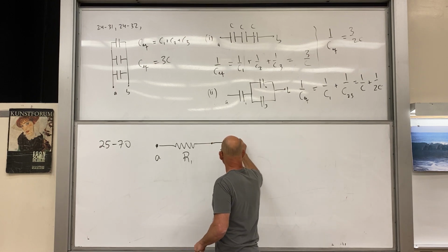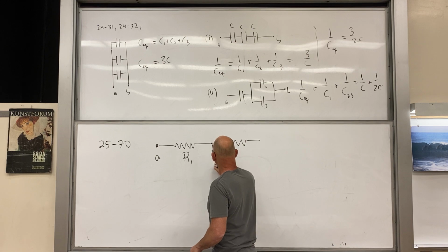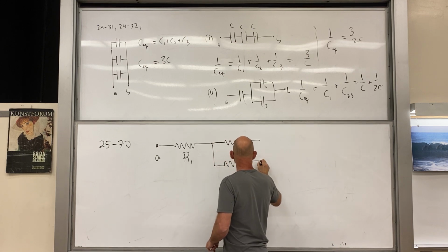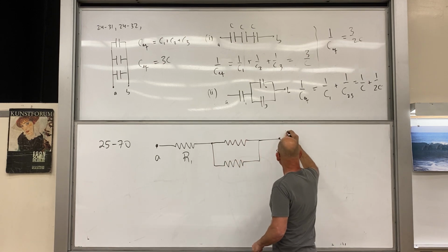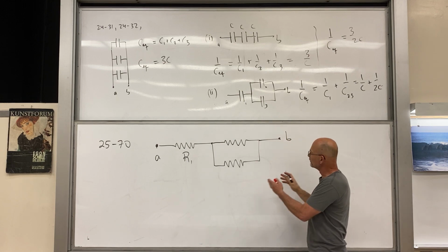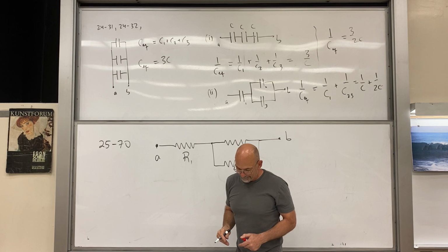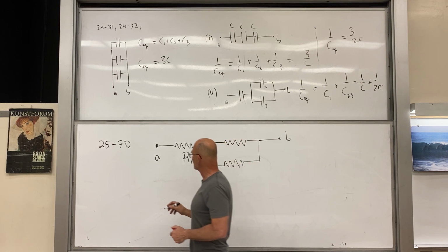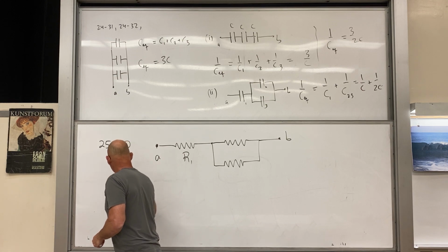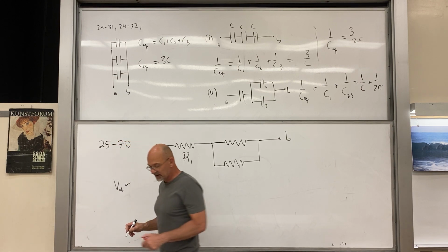And then we have two more, and then here's point B. So we're going to put voltage across A and B. And I think we're given VAB. So VAB is given.